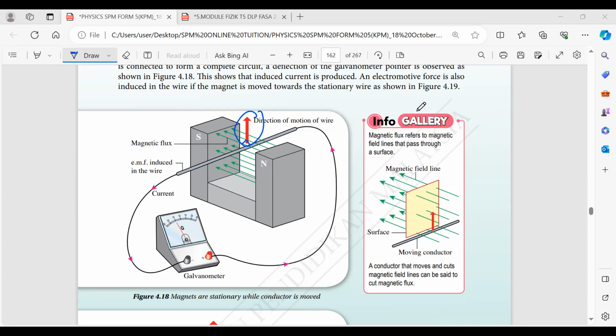Any other direction can, but the magnetic field lines cut will be fewer, so the EMF induced will be lesser when it is moved at an angle. 90 degrees gives you the maximum, when it cuts perpendicular to the magnetic field. The smaller the angle, the lesser it becomes. And the moment the conductor is moving parallel to the magnetic field, the magnetic field cut will be almost zero, so that will give you the minimum.